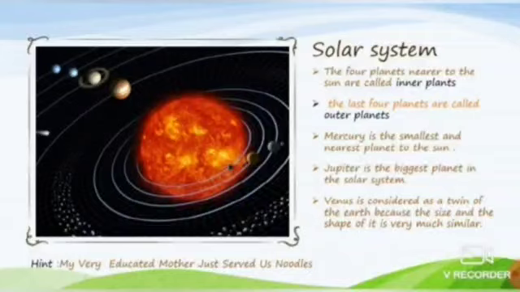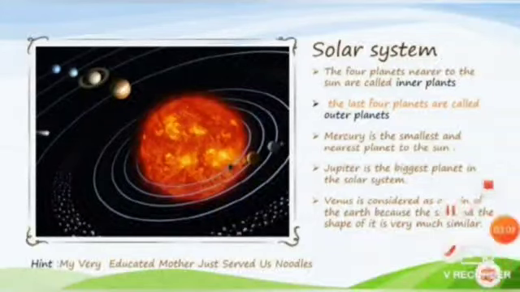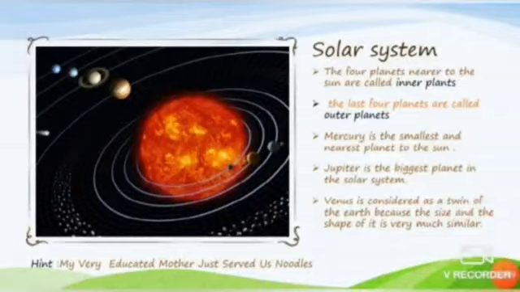Jupiter is the biggest planet and Mercury is the smallest planet. At the bottom of the picture, you can see a hint to remember the order of the 8 planets around the Sun: My very educated mother just served us noodles.